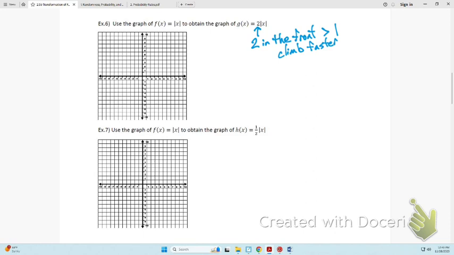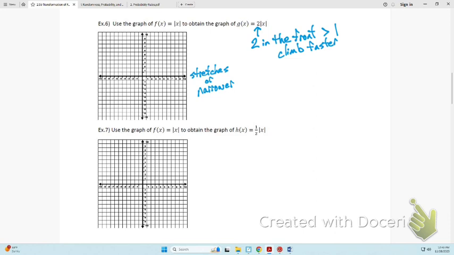You can write stretches, you can write climbs faster, you can write narrower, not stretches. I mean, narrower makes perfect sense to me. Stretches and shrinks, it doesn't make sense to me.